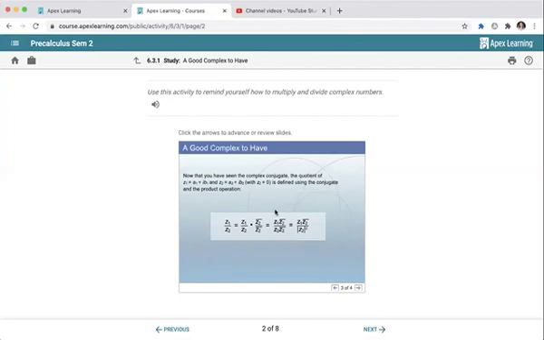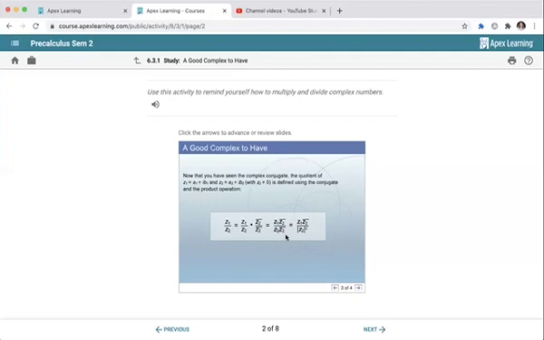We've talked about this a lot earlier, but we can also deal with quotients. For example, if we have Z1 over Z2, and Z2 is a complex number, we talked about multiplying by its complex conjugate. That's what this is saying here.